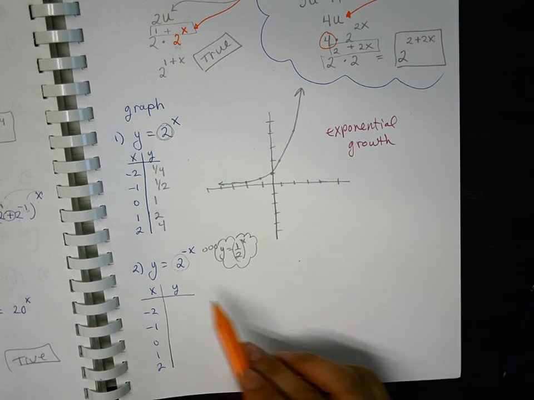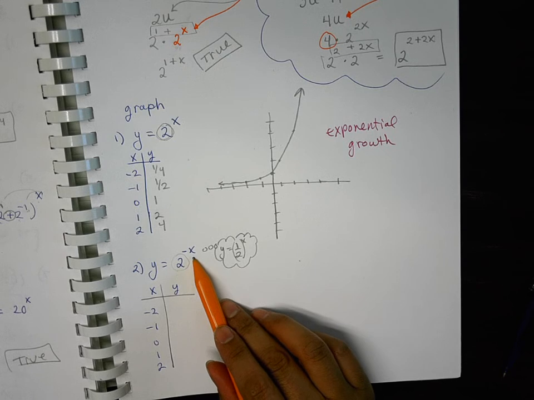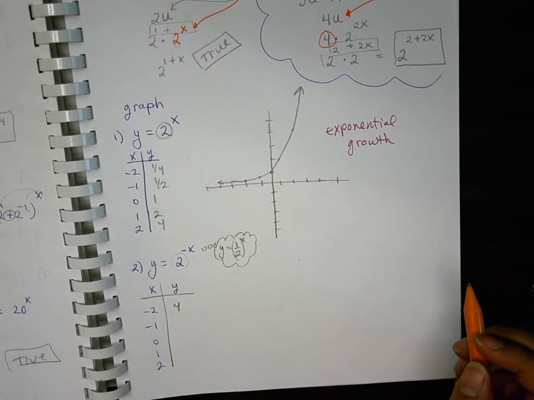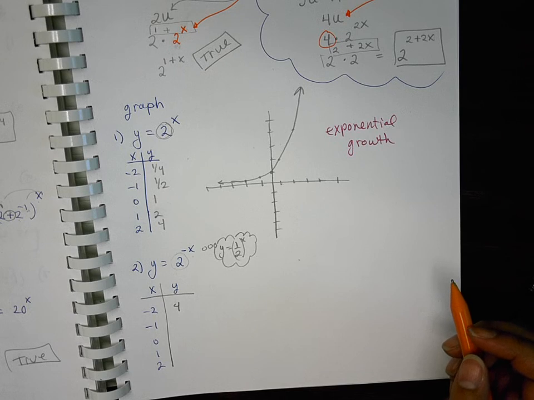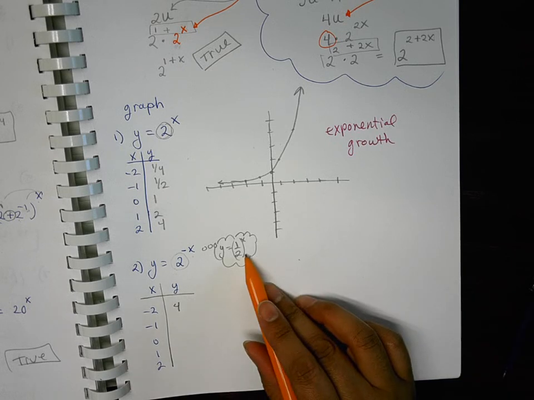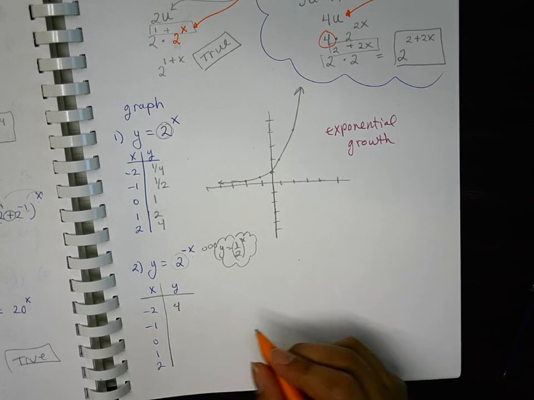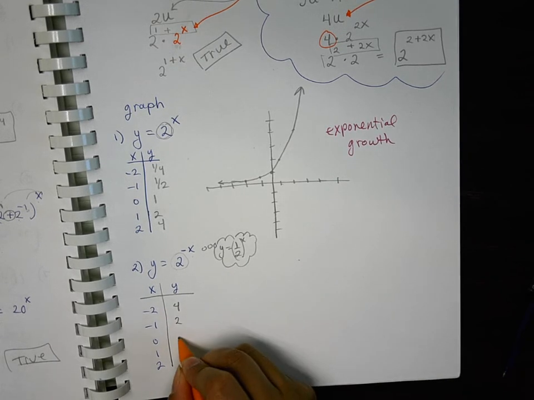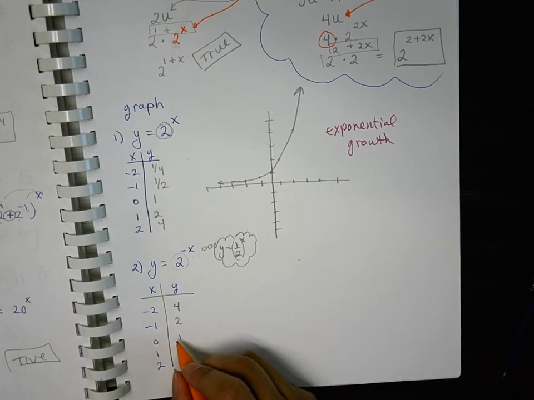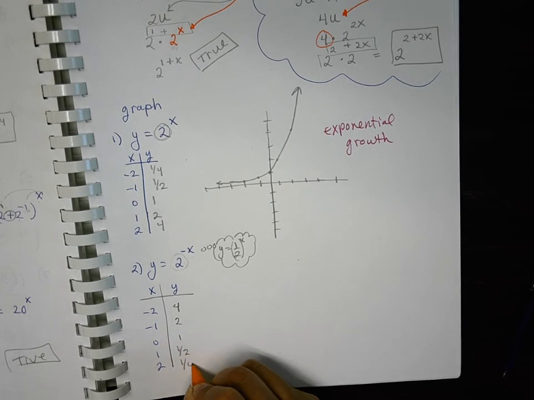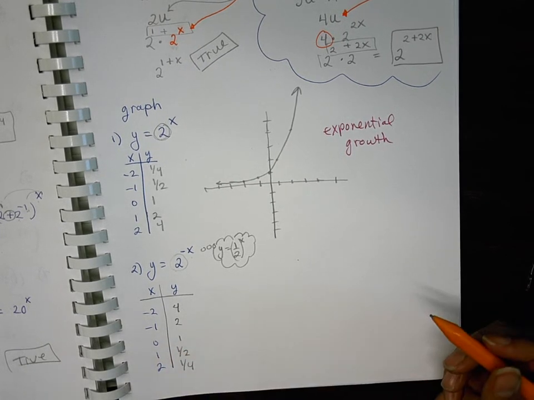When I plug it into this one, the negatives cancel, so it is just 2 squared, so it's 4. If I plug it into this one, it's 1/2 to the -2, and it flips it. Either way, what's the next number? 2, and then 1, 1/2, and then 1/4. All right, go ahead and graph.